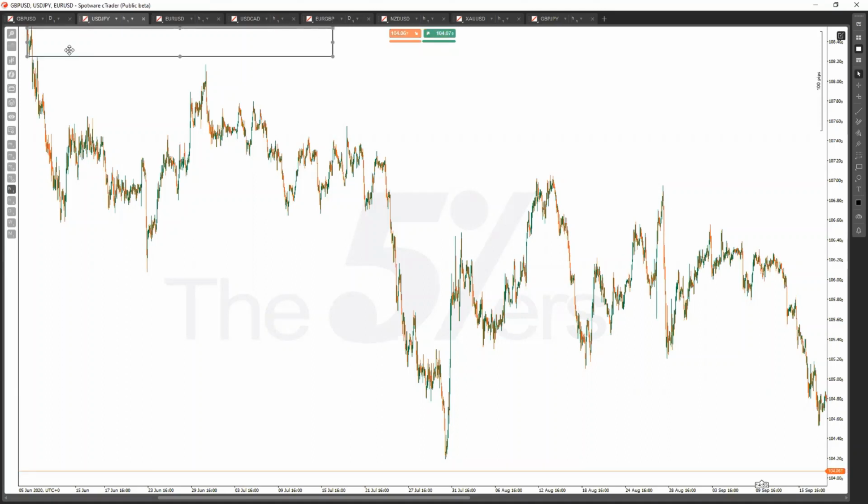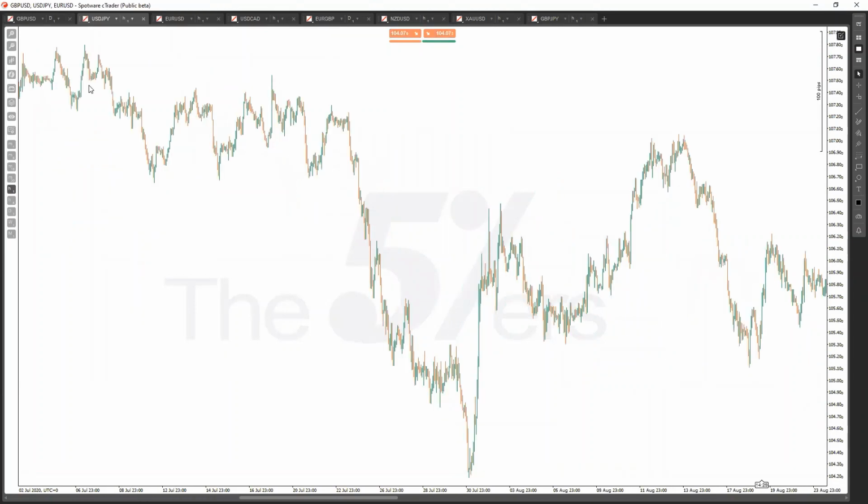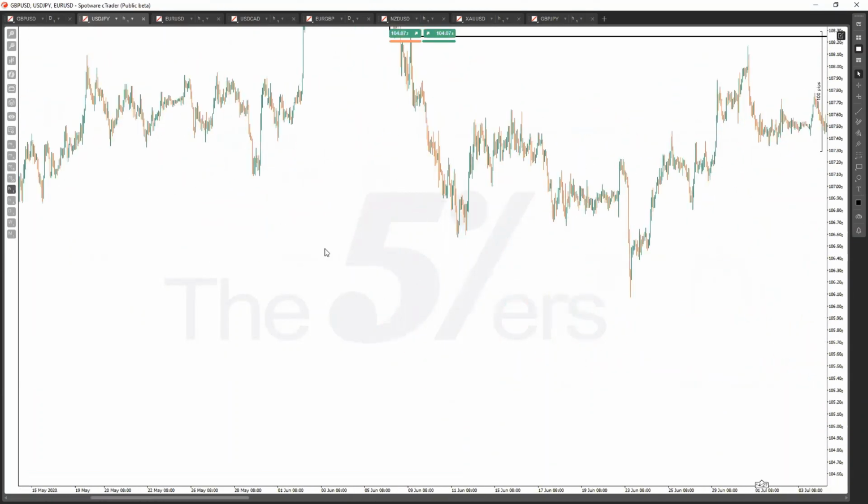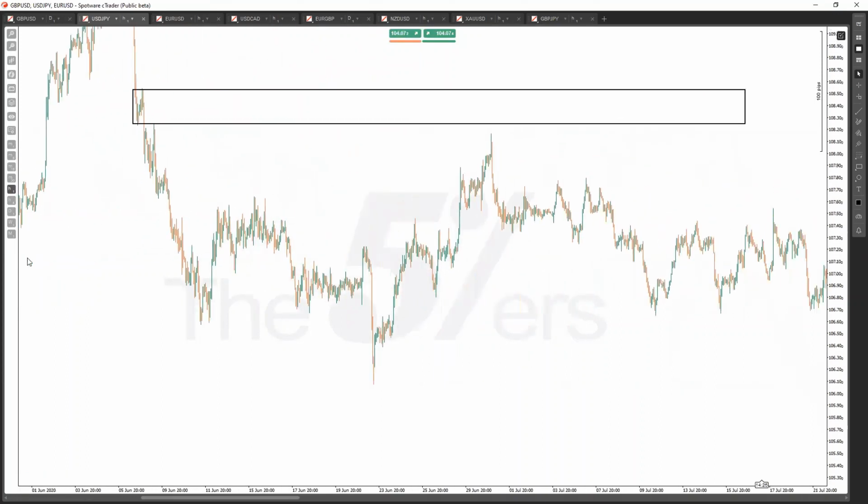Okay, so that creates a demand of its own. And when price was turning back, it actually reacted to this supply. Okay, next we have, let me just see if we can, okay.